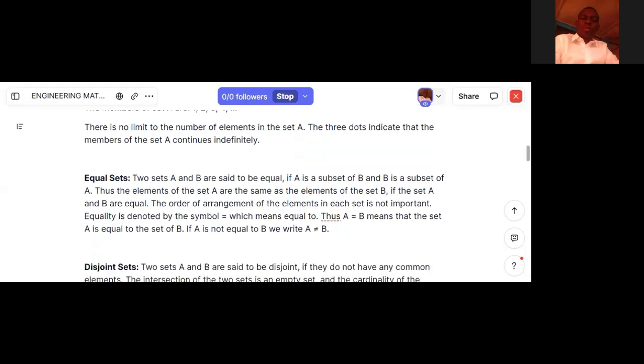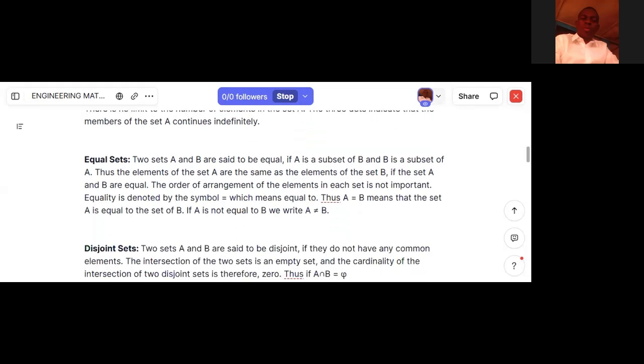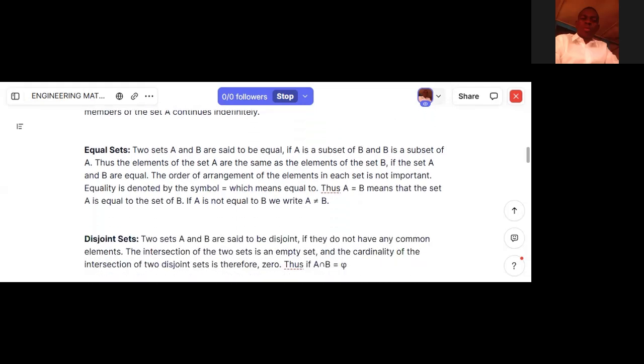More concepts in sets. We have equal sets. 2 sets are said to be equal if they contain the same number of elements, and they contain the same kind of elements.